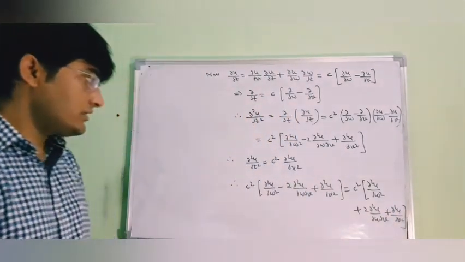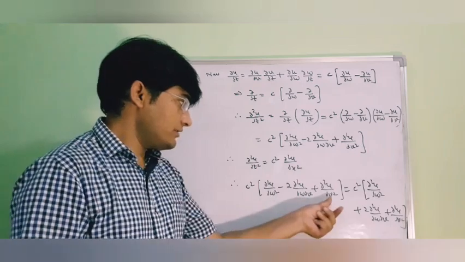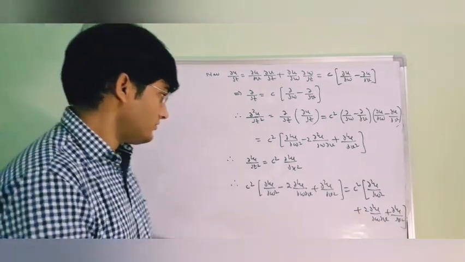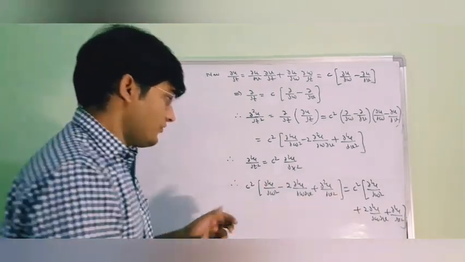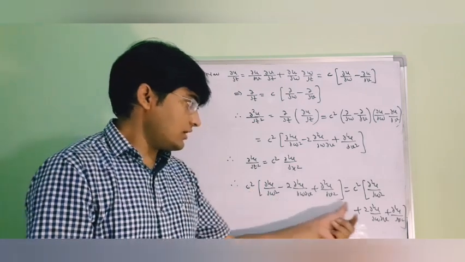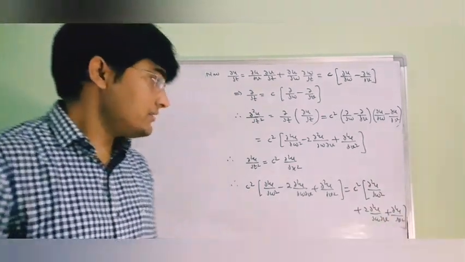So from here you can see that this term and this term are cancelled. Now the first term and the last term are cancelled.